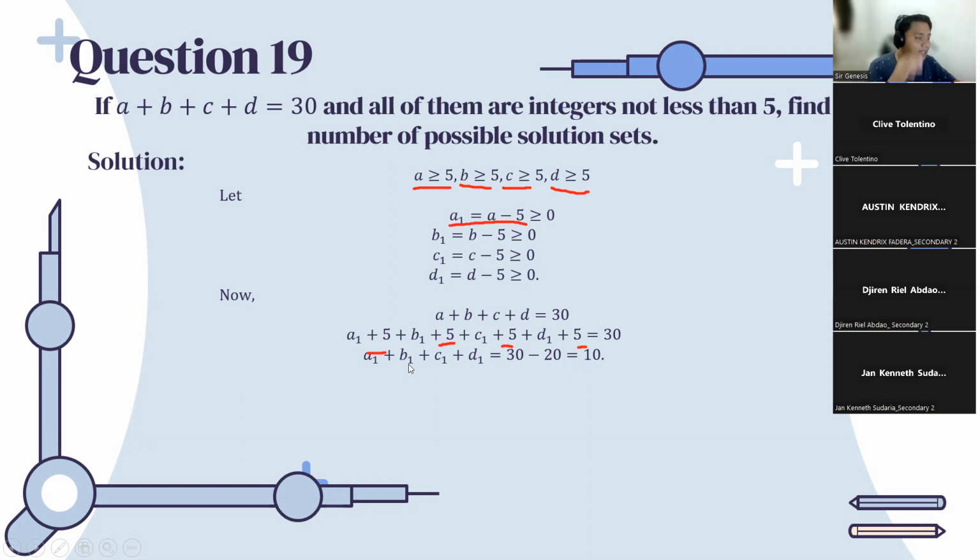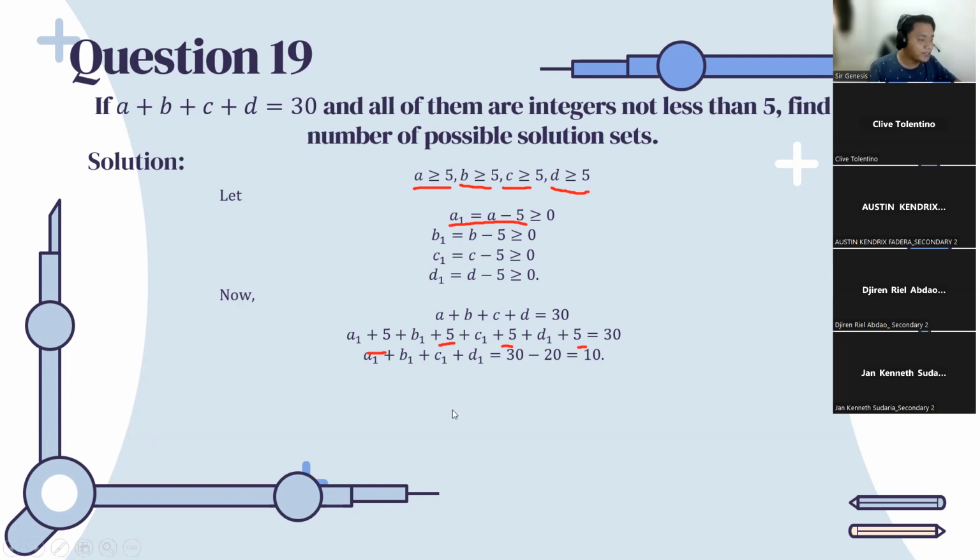Now, you are seeing four containers that are non-negative, greater than or equal to 0, which must have 10 objects inside, or the values add up to 10.